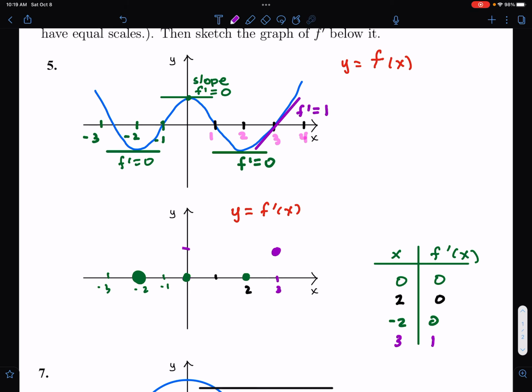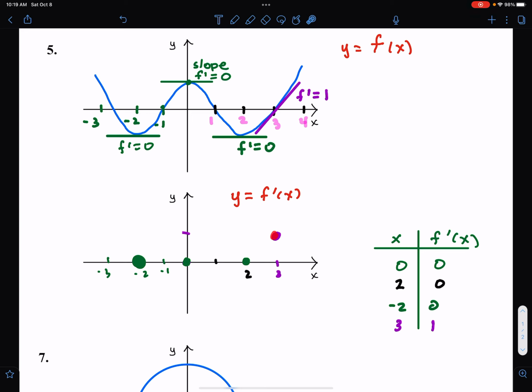But you don't have to have these x values written. I see over here that the derivative is equal to 1 because the slope is 1 there. That might not be exactly right, to say the least. It could be 1.5 or something, but it's about 1.